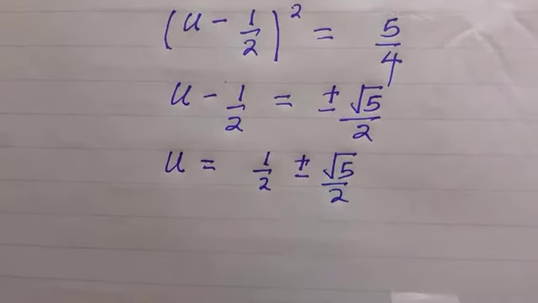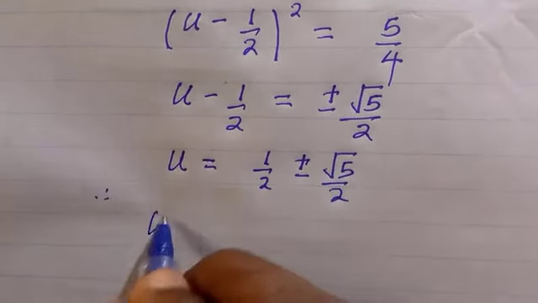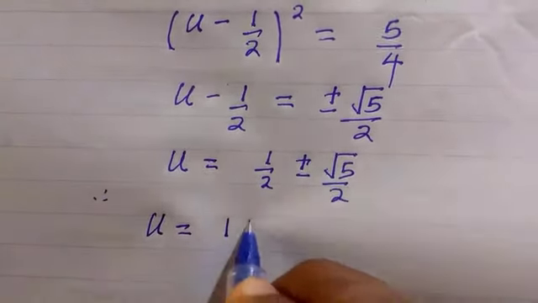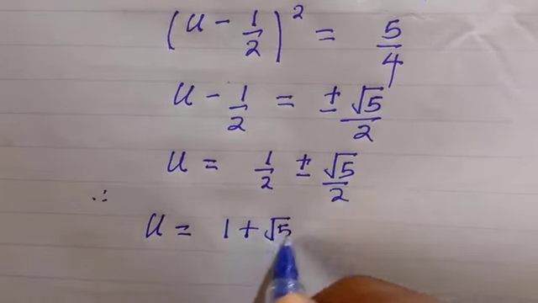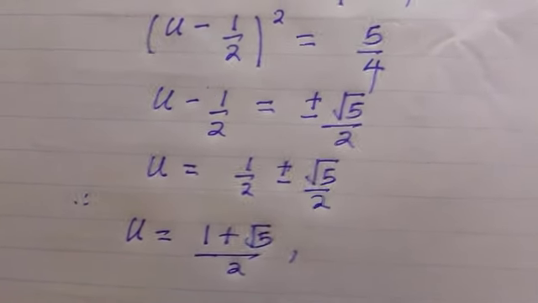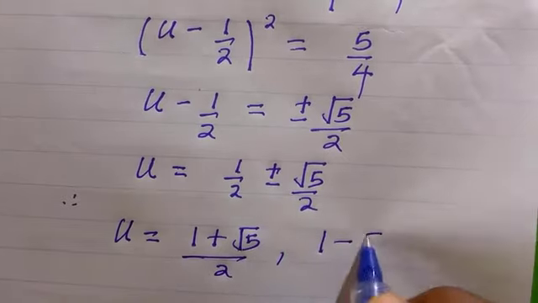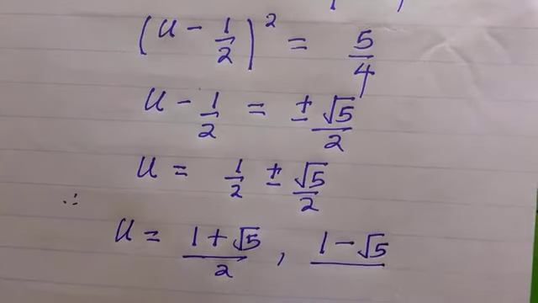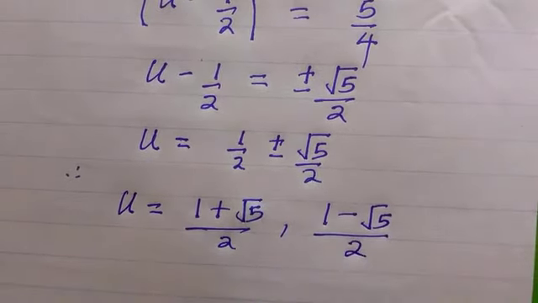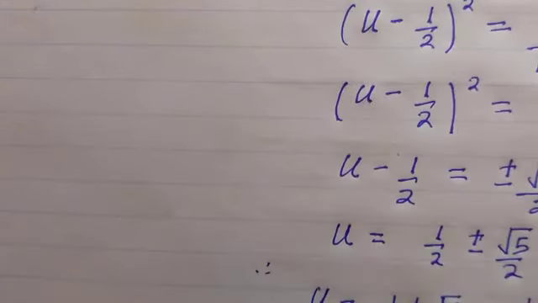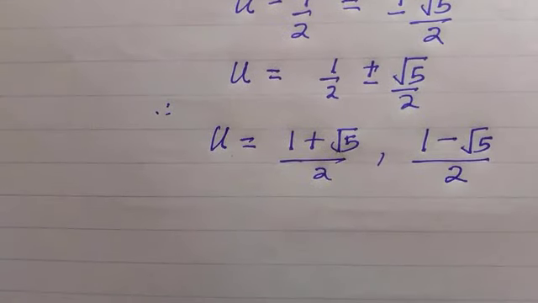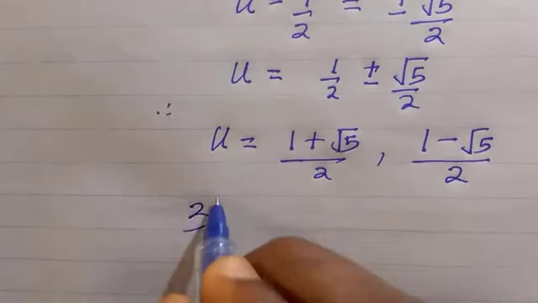So therefore, we have two possible values of u, which is 1 plus root 5 divided by 2, or 1 minus root 5 divided by 2. As we know that what we are looking for is 3 to the power of the value of x, and we have already let 3 to the power x equals u.